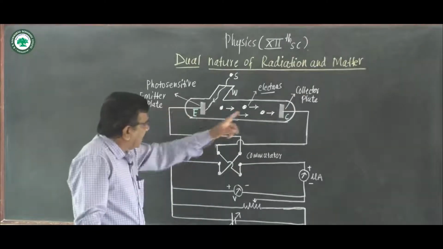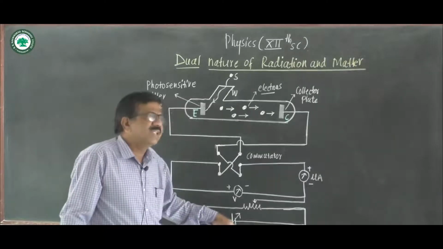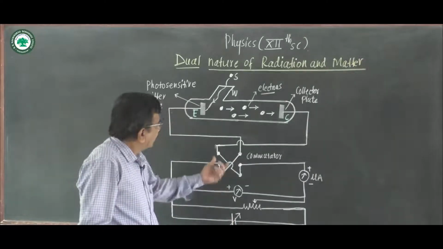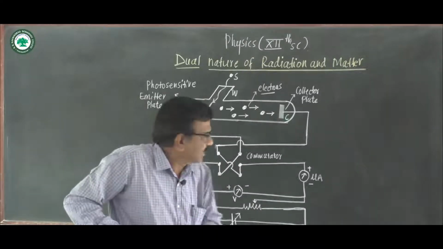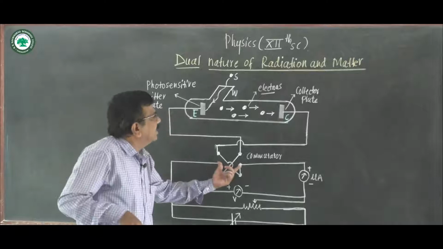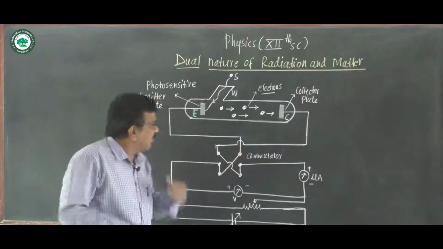This emitter and collector are connected to a variable potential source. This is a commutator to change the potential between the plates. Positive or negative potential is given by using this commutator.